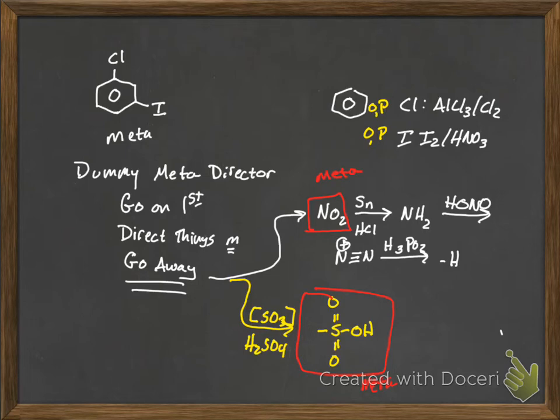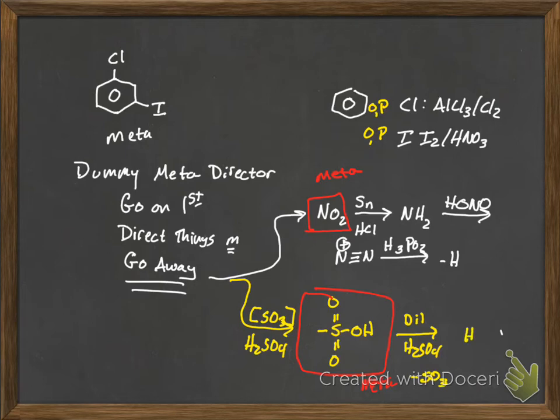And to get rid of the sulfonic acid group when we're done, dilute H2SO4, more water, takes the SO3 group out, and you go back to the hydrogen.